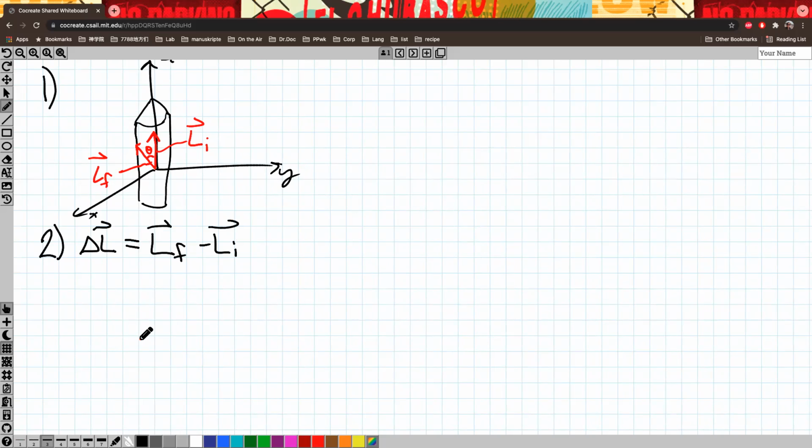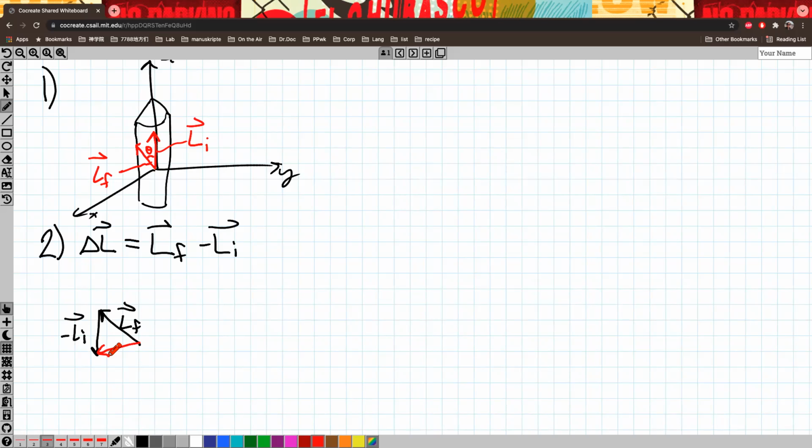So we have L final minus L initial. So that's L final, that's negative L initial. So we're going to have something like that.